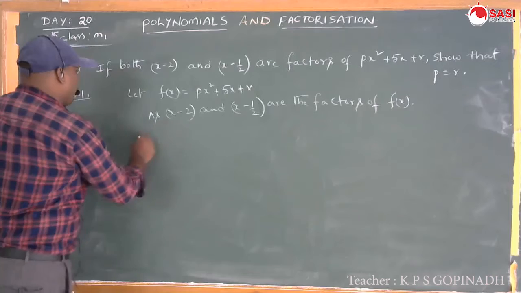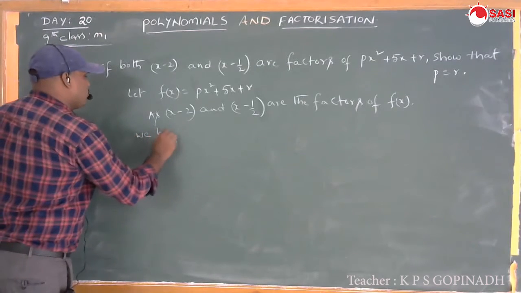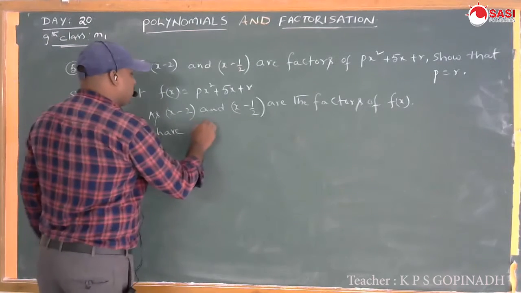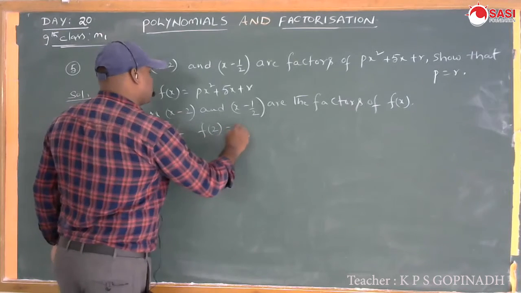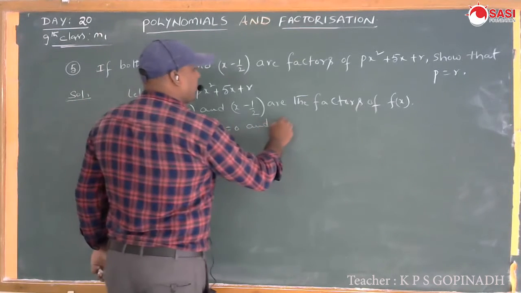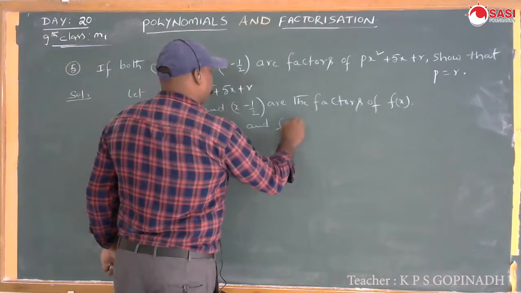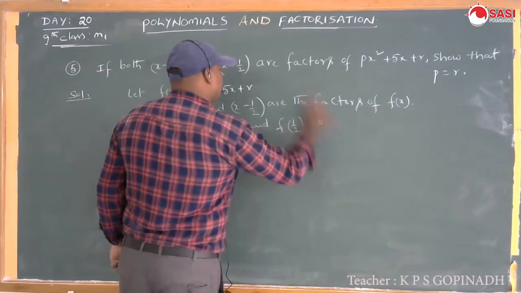That is, we have f of 2 is equal to 0 and f of 1 by 2 is equal to 0.